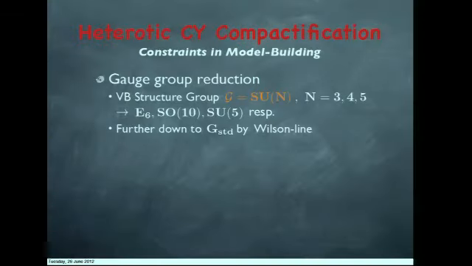We'd like to impose some more constraints on the geometry so that we can get closer to the standard model. Firstly, the structure group of our vector bundle reduces the low energy gauge group, and the natural choice would be SU(3), 4, or 5, respectively giving rise to E6, SO(10), and SU(5) GUT groups in the low energy.